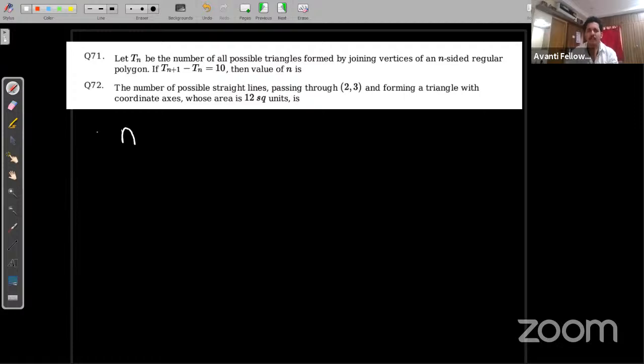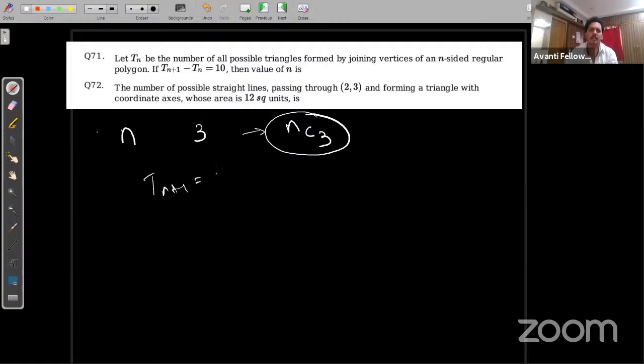Total n sides are there, and how many sides you require for forming a triangle? 3. So out of n you have to take 3. So the number of selections is nC3. So nC3 number of combinations you will get, means nC3 number of triangles you can form for an n-sided polygon. Understood? So nC3.